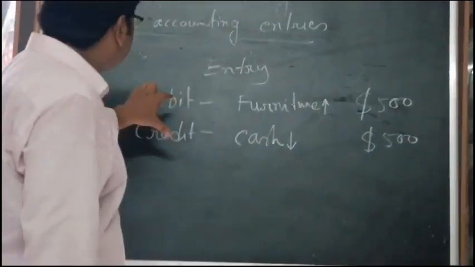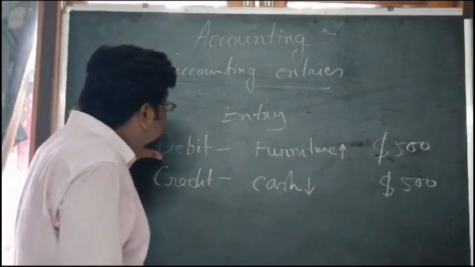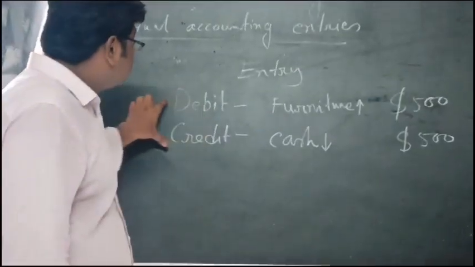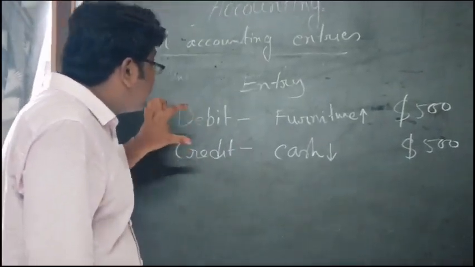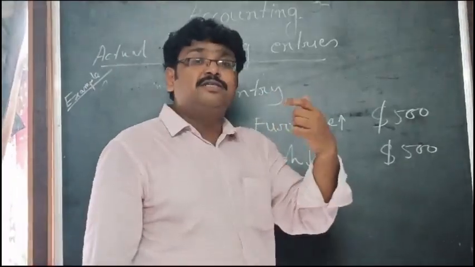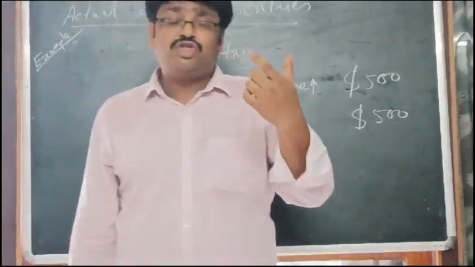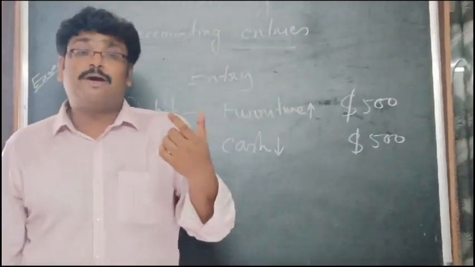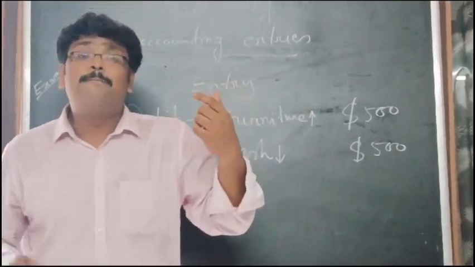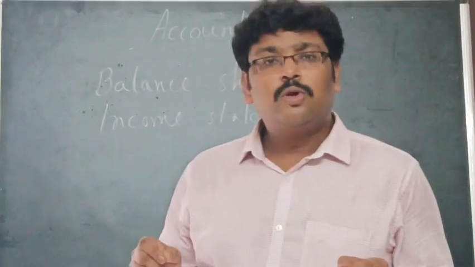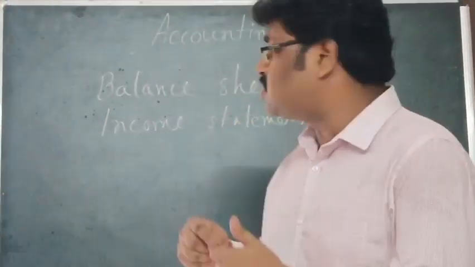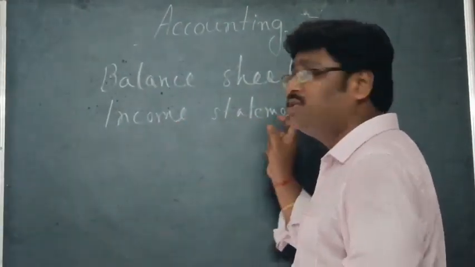So this is the double entry, using debit and credit, when the company buys furniture by paying out some money.